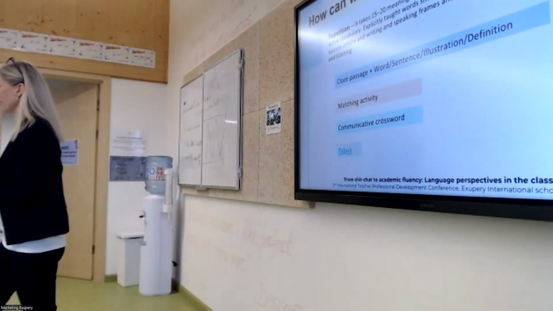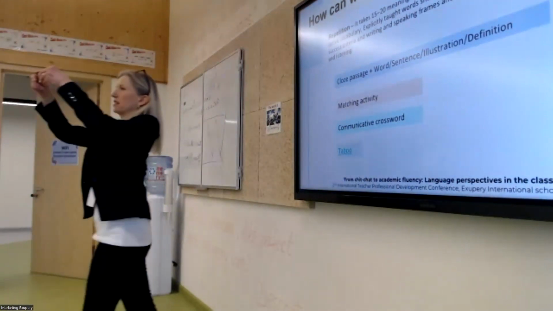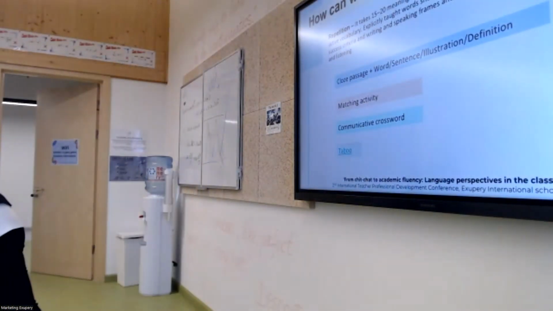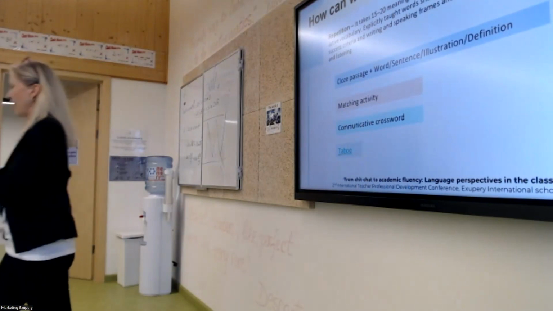All right, the next activity we have is this matching activity. And while you were working, I handed it out to you. So you will see the words are in bold and the definitions are a little bit longer. Here's the definition. And I do have pictures.